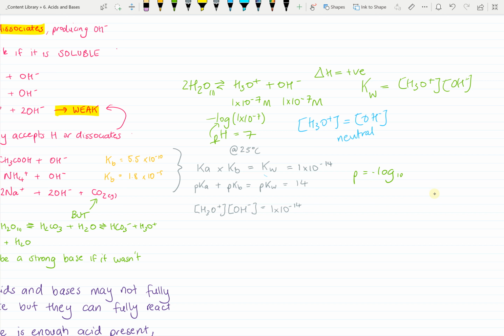And so we can start expressing all these Kas and Kbs in cleaner numbers in log form. We don't ever have to write 4.8 times 10 to the negative 8. We can just write it as a cleaner number. So it's a bit of an extra process, but after a while it is better to be in log form than to not.